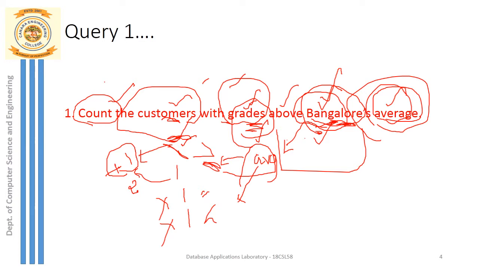As I already said in my previous video, at least 2 or maybe 3 customers should have the city value as Bangalore, so that we can retrieve the results for this particular query. So here the question is, I have to count the customers whose grade is above Bangalore's average.